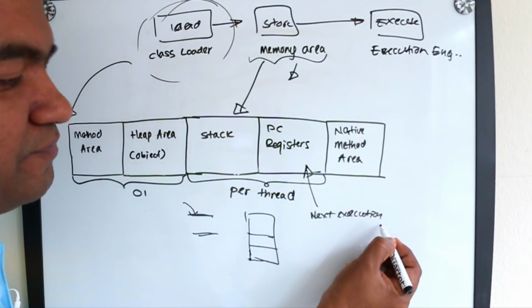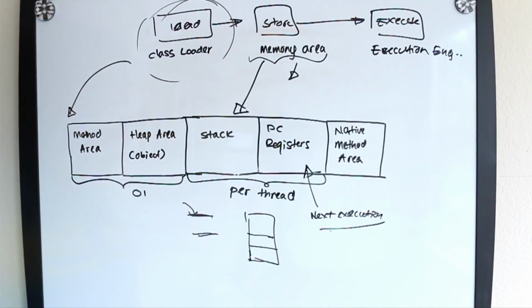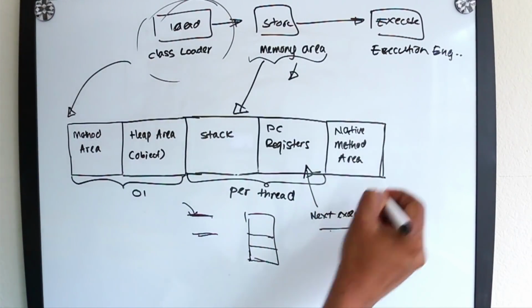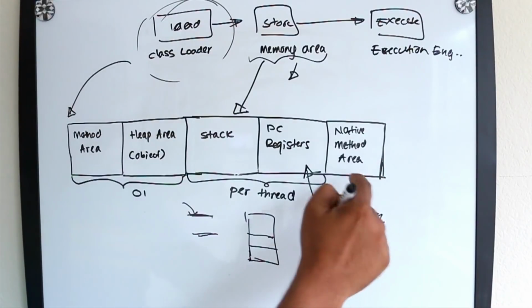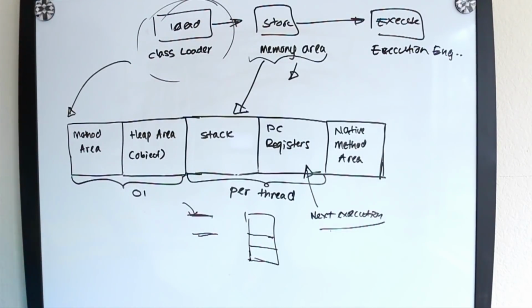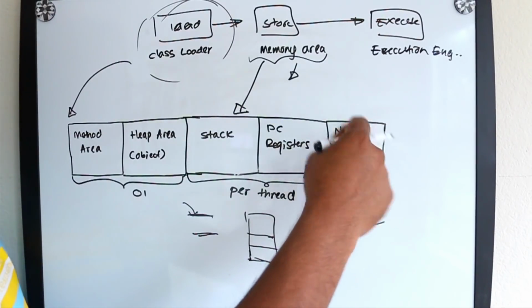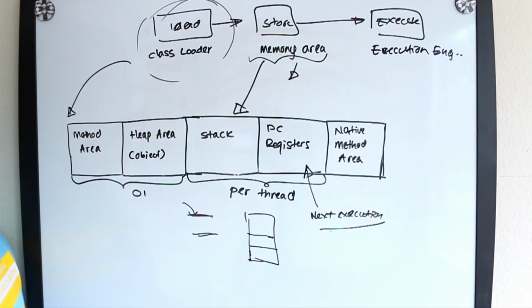Native methods we can discuss a little later. If you're accessing any native method from your program, this area will provide the facility to hold that native method and its method information.